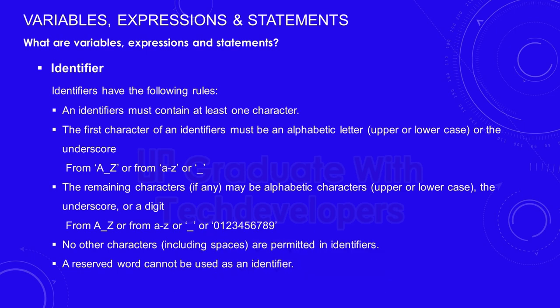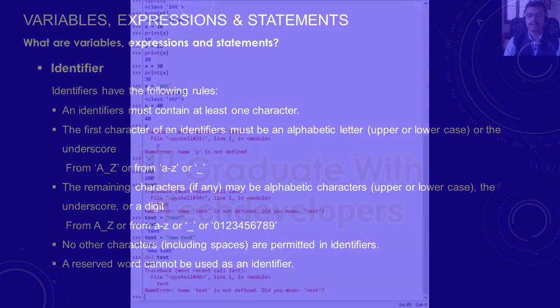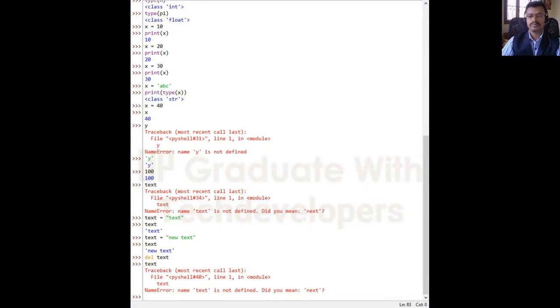And last but not least, and very important, the rule is that a reserved word cannot be used as an identifier, but we can modify these reserved words as per our requirement and use them as an identifier. We will talk about this later.